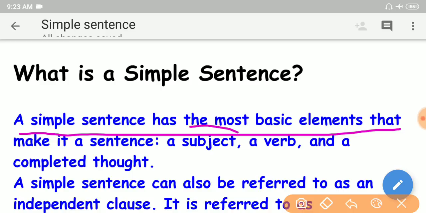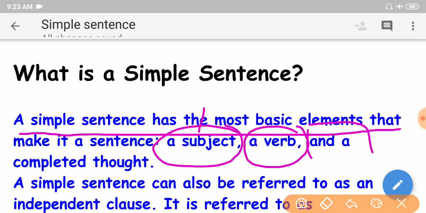See, my dear friends, if you want to call it a sentence or a simple sentence, there must be one subject, at the same time at least one verb, and a complete thought should be there. My dear friends, there must be one subject, a verb and a complete thought.